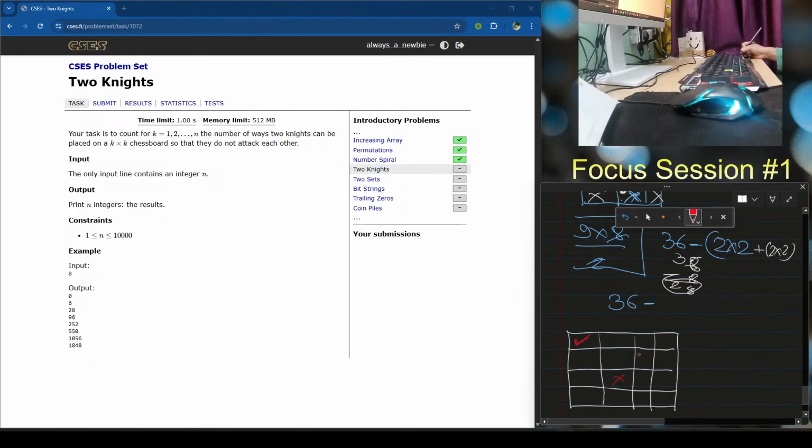This is not valid, this is not valid, and apart from this, valid. If I place my knight here, then this is not valid, this is not valid. And one more position is not valid, it is this one. If I place my knight here, this is not valid, and this is not valid. This is also not valid.